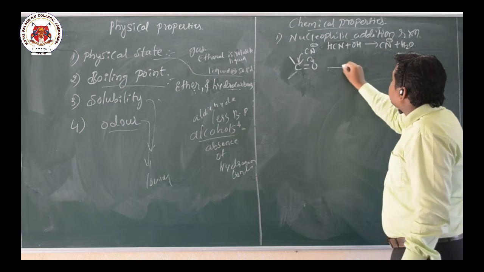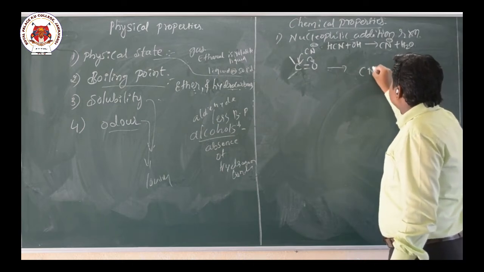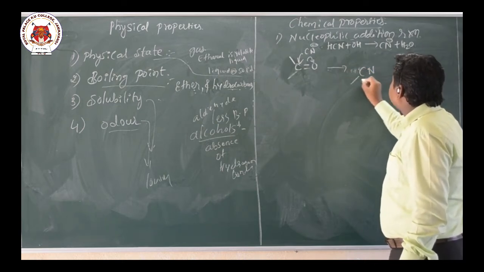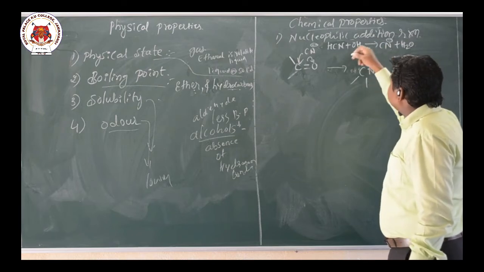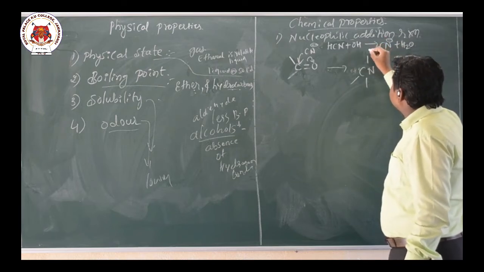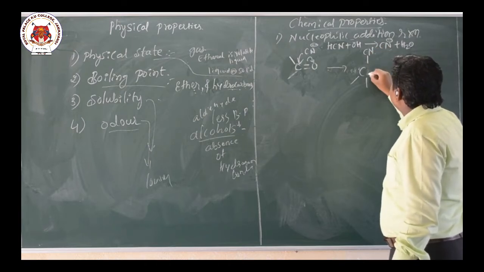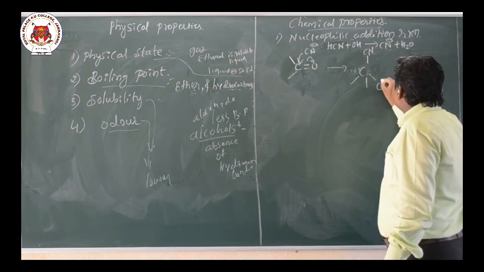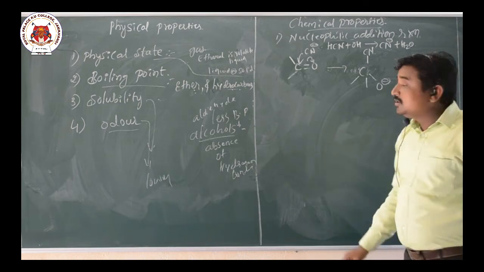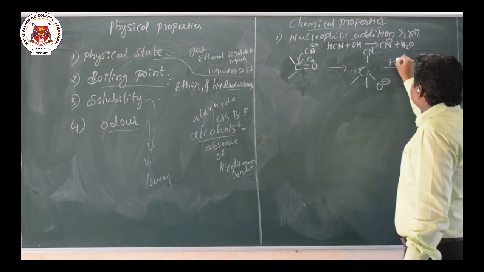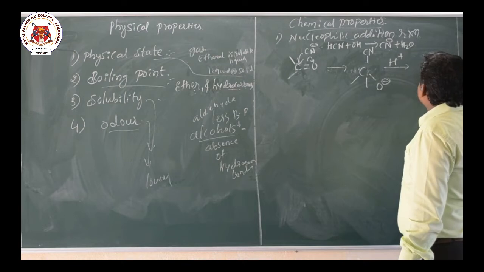The nucleophile attacks the carbon exactly perpendicular. So I will write here CN, and the carbon as it is, and again we have O minus, an alkoxide ion, which will abstract a proton, and there is a formation of the product.